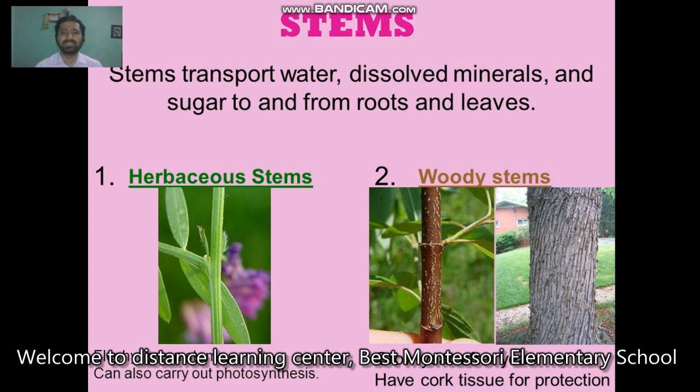The name woody itself speaks. They can be used for the purpose of wood, making furniture and all. Now, by seeing the differences, I hope you can identify the herbaceous stem and woody stem as in the figure. Now, these are the types of stem in the plants or flowers of our garden.